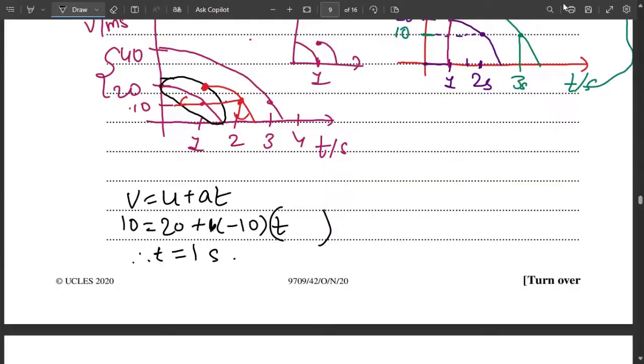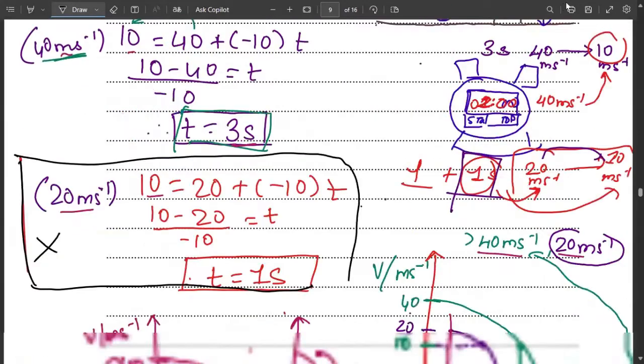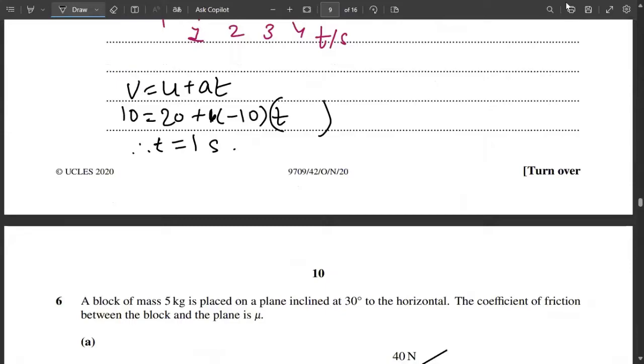We can manipulate t. The time is denoted by the first particle's t, and the second particle is thrown 1 second later. So we'll have to do minus 1, because that is thrown 1 second later. Now the answer will change. How will it change? Let's see.